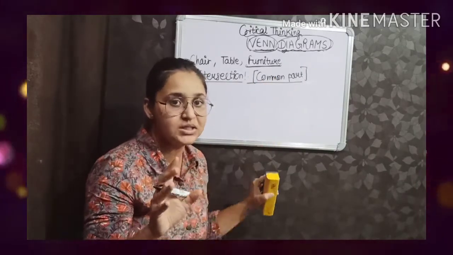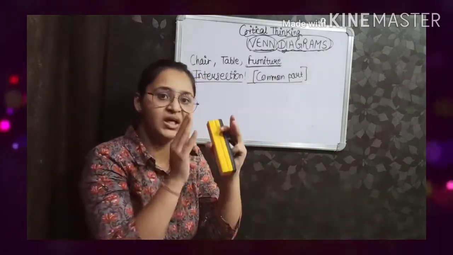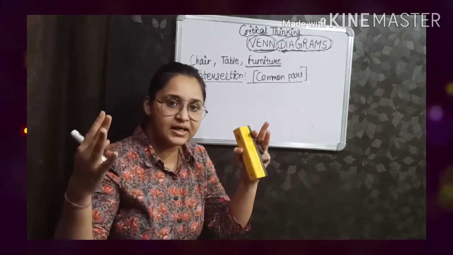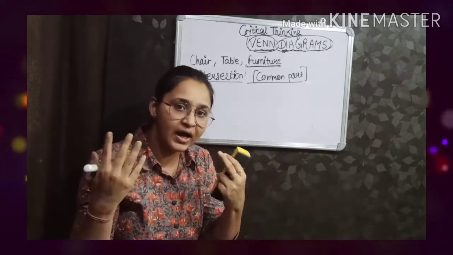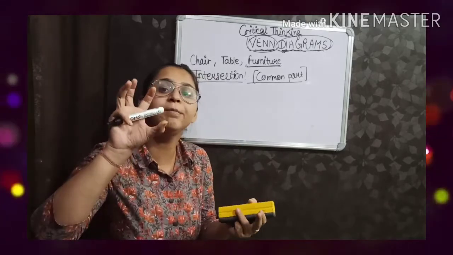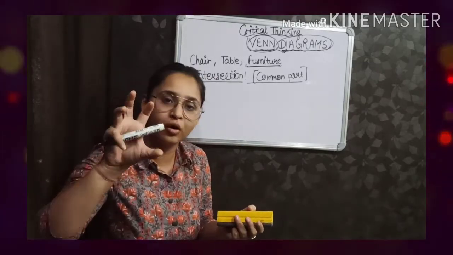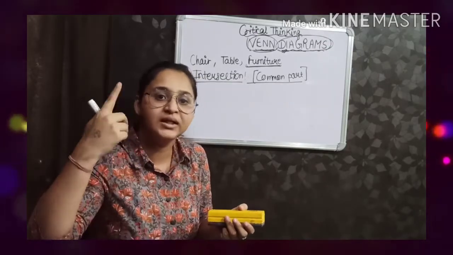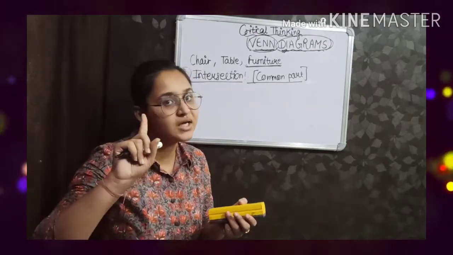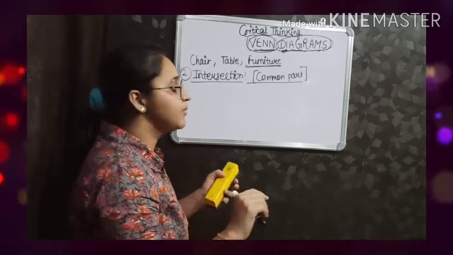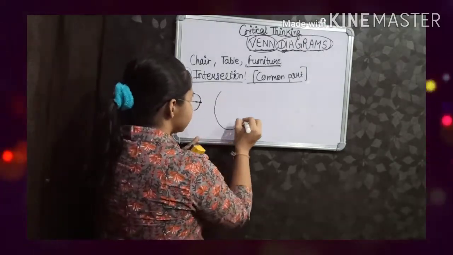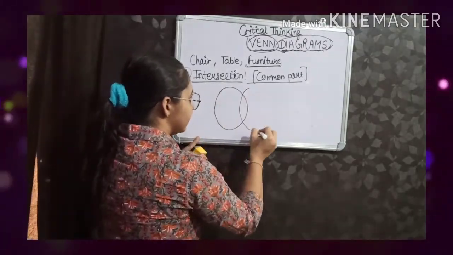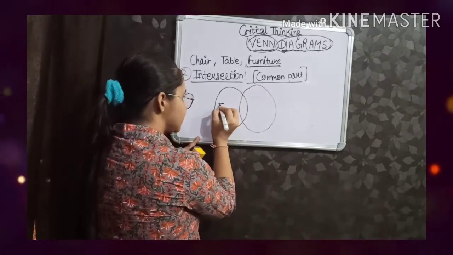If I am taking one circle and a second circle, and I have to take the common part of these two groups, then I will take that as intersection. How will I represent it? First see, this is the doctors group. This is the teachers group.